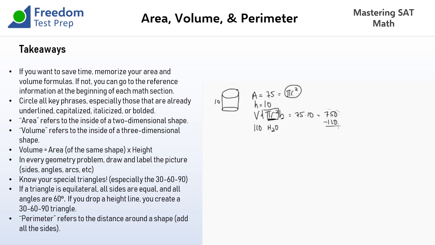We get rid of the 110 and we have 640 corn. And so 640 is going to be the answer. Okay, so let's see if there's anything else that is interesting here. I'm just kind of scrolling through my stuff.